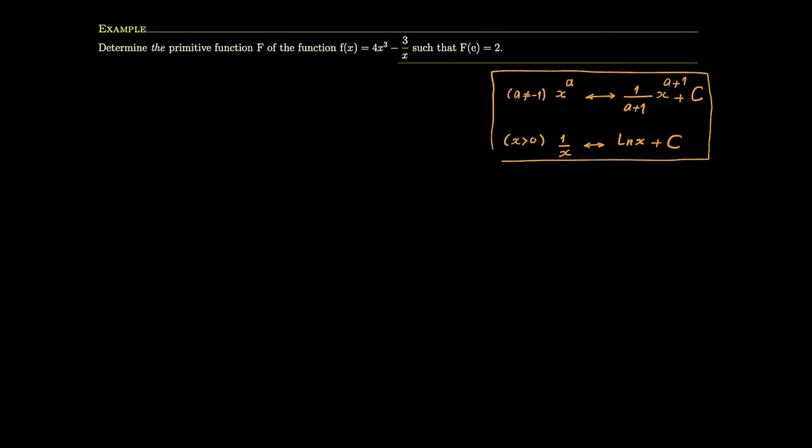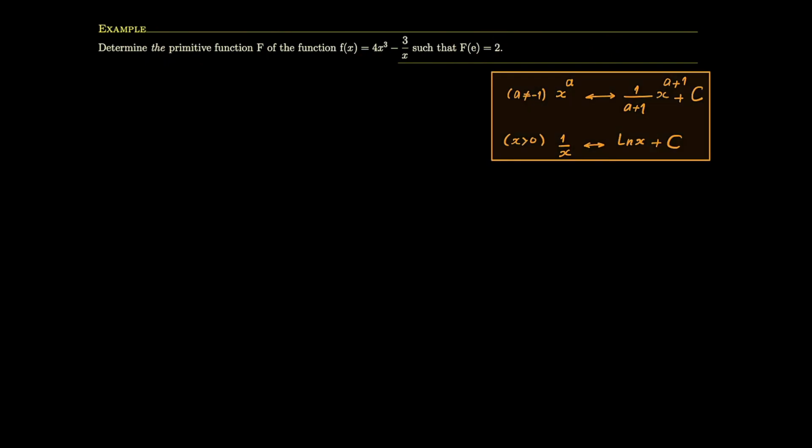So let me put this in a box. You can consider that this is the formula sheet you have, and then we want to use this to solve this problem. So what we should do, let me change the color here. I would say that capital F of x is supposed to be a primitive function of this part minus a primitive function for that part.